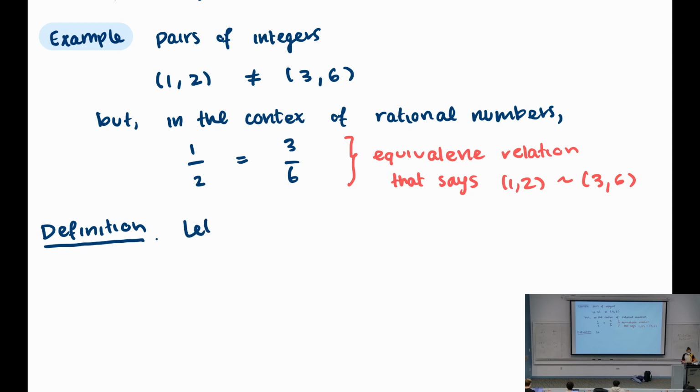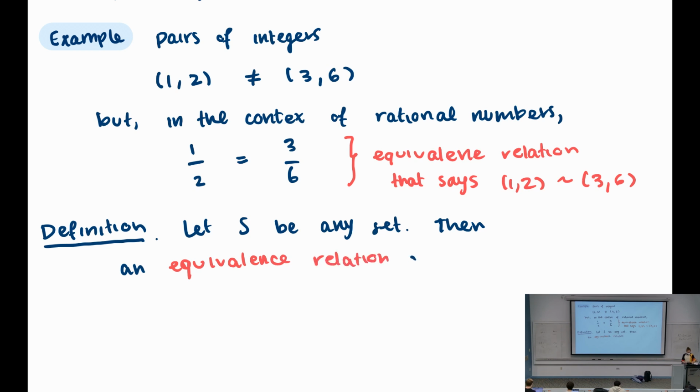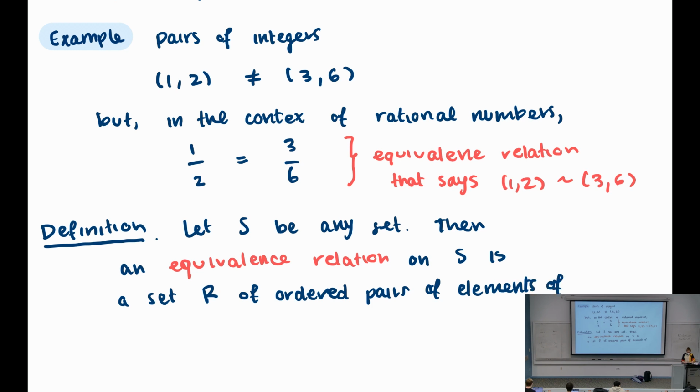So I'm going to let S be any set. Then an equivalence relation on S is a set R of ordered pairs of elements of S satisfying the following properties.